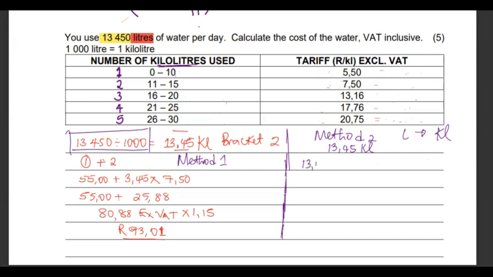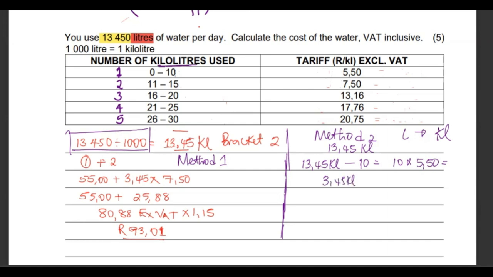So straightforward, you come and you put it in bracket number 1. So 13,45 kiloliters are way beyond 10. So what do we do? We shall take off the 10. Do we pay for the 10? So when you subtract, 13,45 minus 10, what do you remain with? You remain with 3,45 kiloliters.